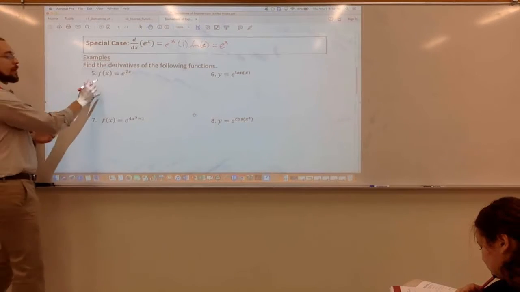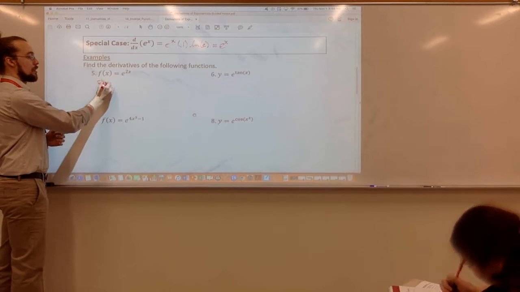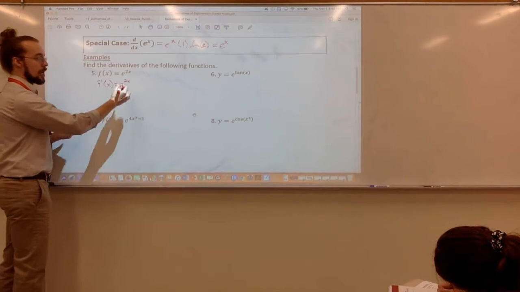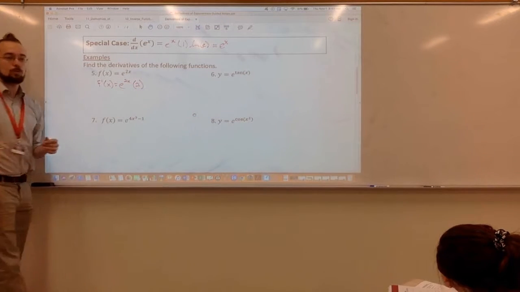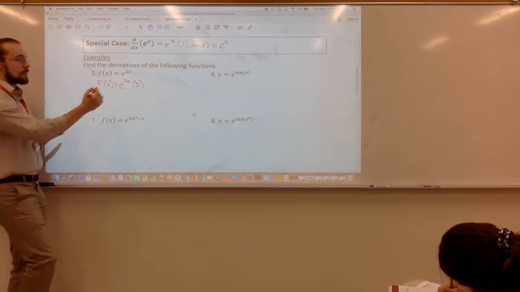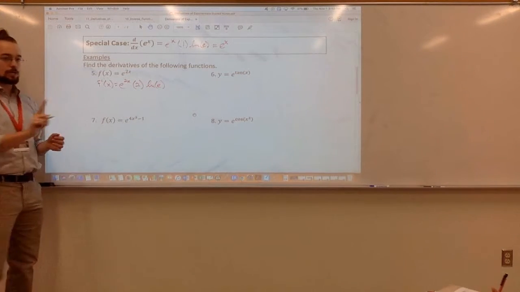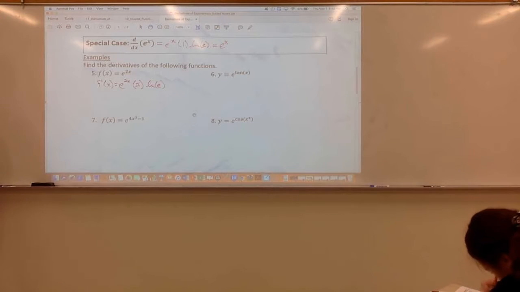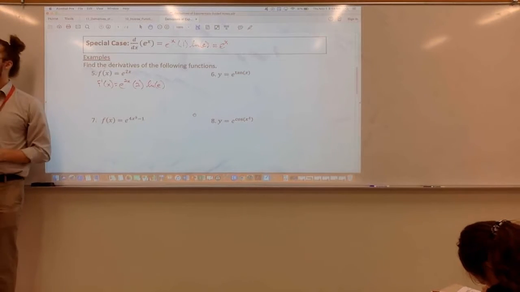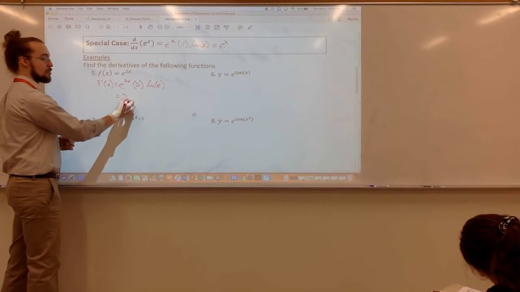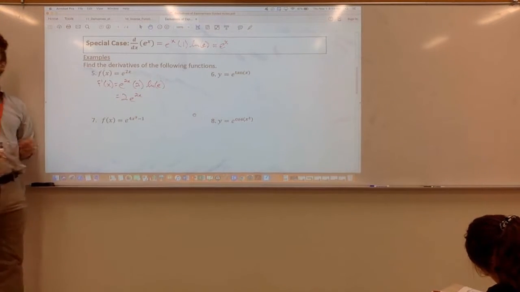Okay, so if we're following that pattern here, the derivative would be e to the 2x times 2. Technically, then we would have times the natural log of e, but we know that's just equal to 1, so we don't have to write that. So we could just rewrite this as 2 times e to the 2x.